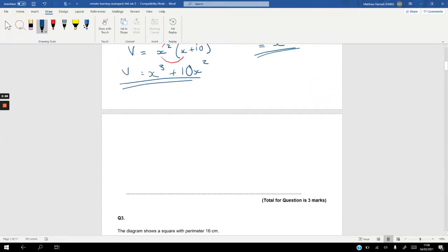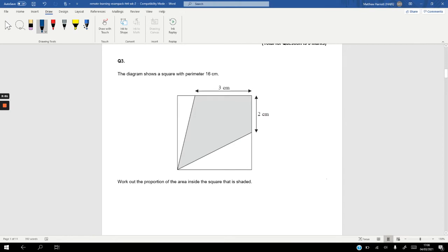Okay, question 3. Question 3 asks us, we have a square with a perimeter of 16 centimeters. I want to work out the proportion of the area of the square that is shaded. A few key things here.